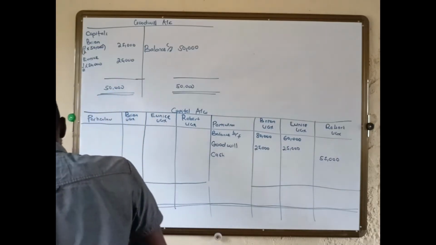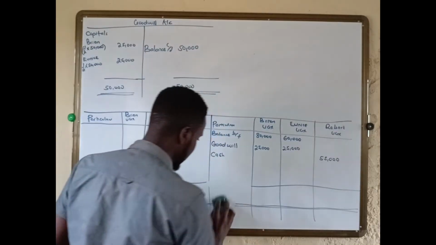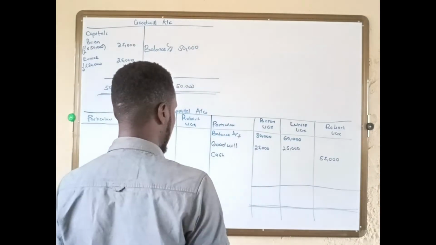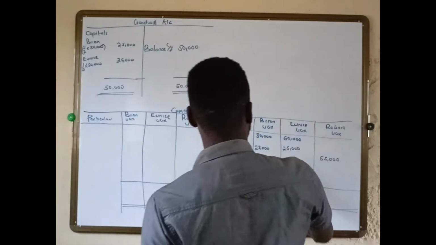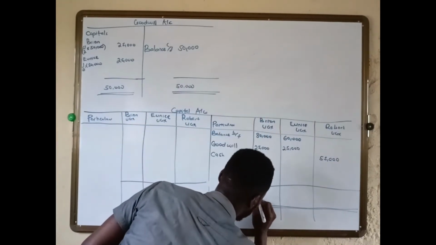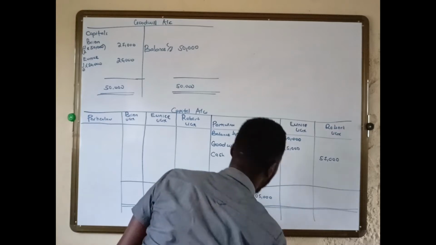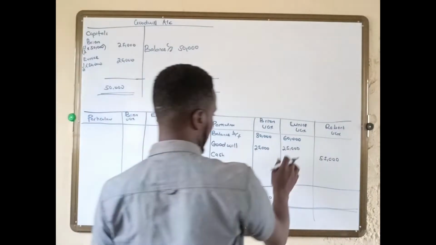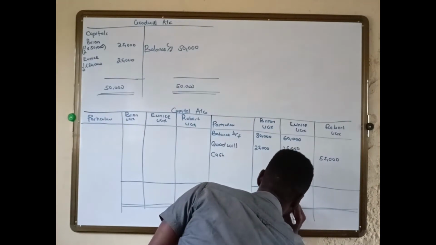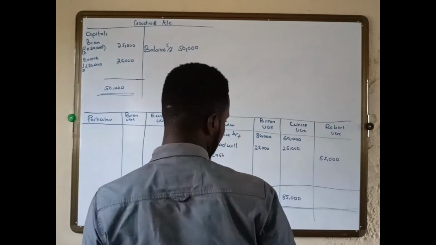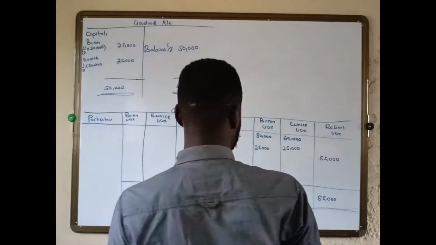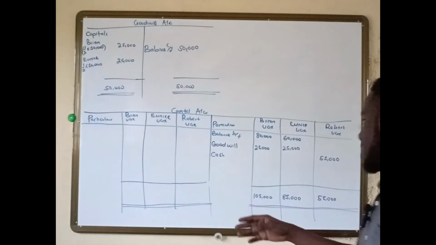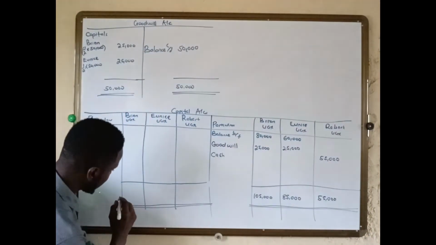We're going to go with the normal way of balancing off. Realize that this value of course is bigger. So you add this, you get 105,000. When you add this still, we shall have 85,000, and we shall have 55,000 here. Being that it's a heavier side, we shall bring the same amount here.